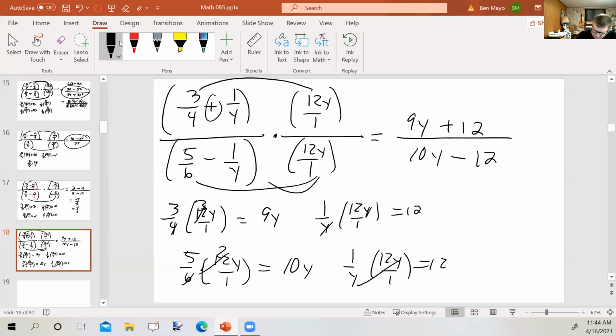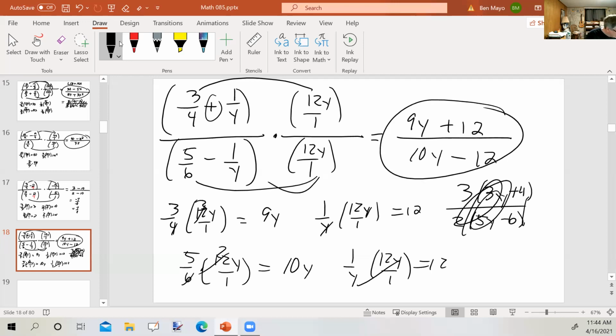Well, let's see. I can factor a 3 out of the numerator and have 3y plus 4. I could factor a 2 out of the denominator and have 5y minus 6. But again, that doesn't get me anywhere. So my final answer is just going to be 9y plus 12 over 10y minus 12.